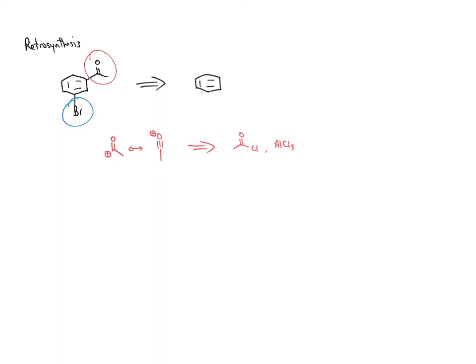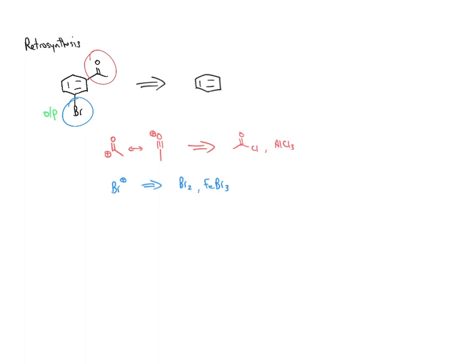Okay. Now, how about the bromine? The bromine comes from Br plus as our electrophile. So that comes from the reagents bromine and iron tribromide. The other thing we need to figure out is how to add these groups on in a regioselective manner. So we need to know what the ortho-para or meta directing ability is of these molecules. For the bromo, we know it's a deactivator, but it has lone pairs, and so it's an ortho-para director.